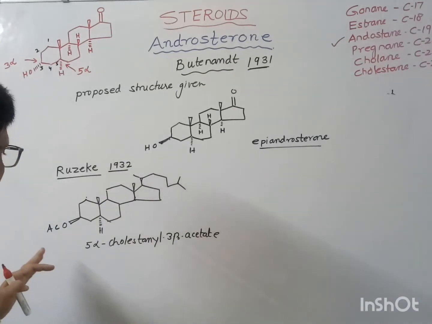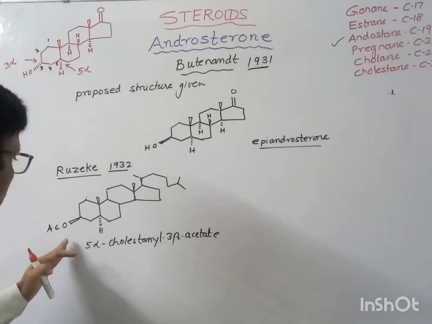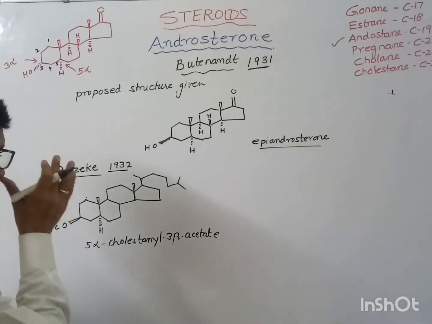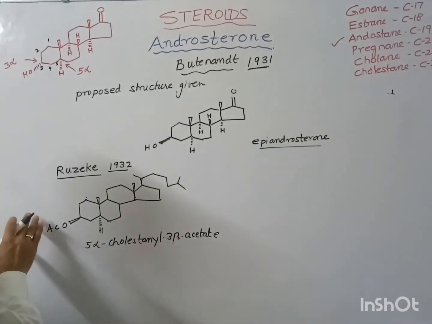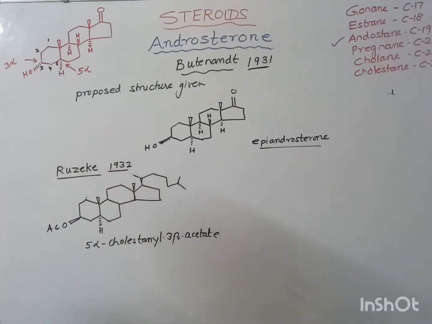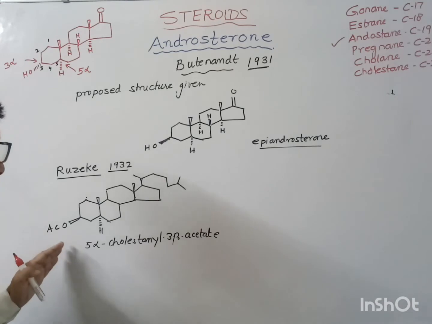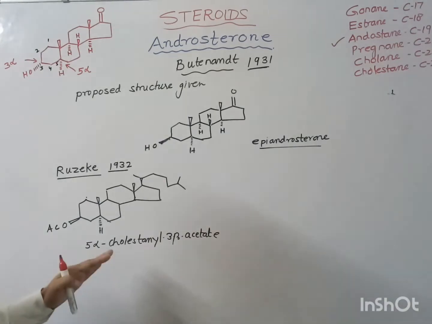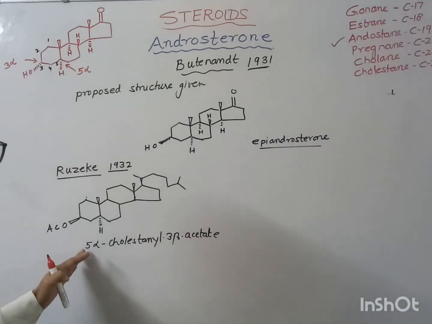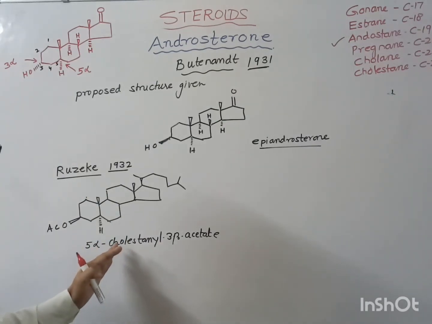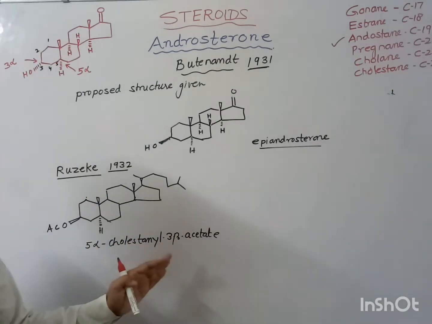That's why we write 3 beta acetate. How do we get it? Just by acetylation of this cholestanol nucleus, which gives the 3 beta acetate, or 5 alpha cholestanol 3 beta acetate.